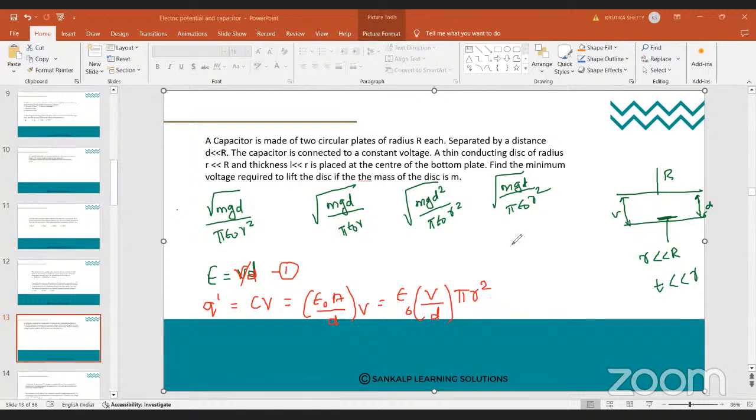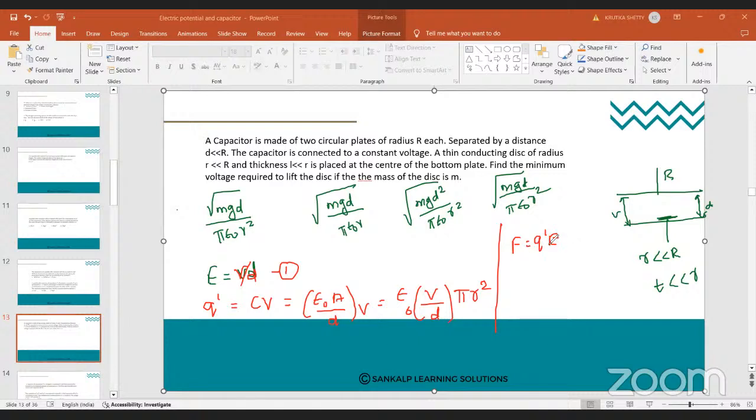The next step, so here I'll write the force is equal to q dash into E. We are getting this from force and electric field. Electric field definition: electric field is equal to force per unit charge.